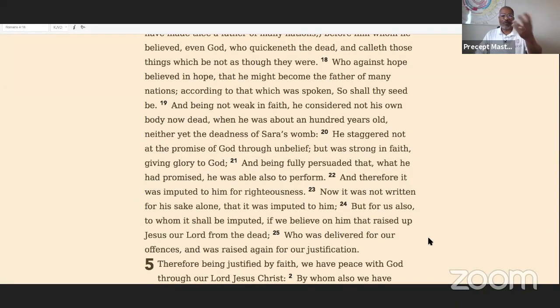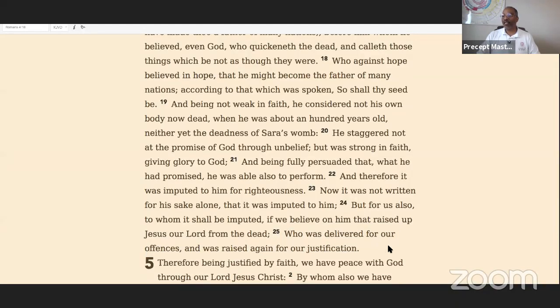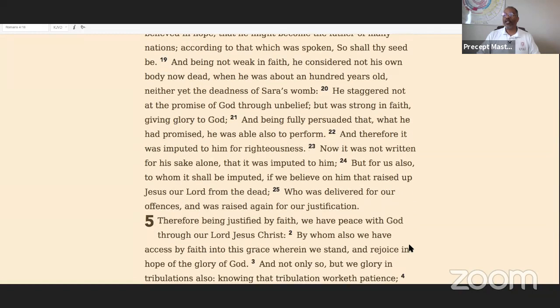So if we believe on him who raised him up, then we have that belief. But if you notice, they believed in a man, and now they made that man a God. Think about that. He was delivered for our offenses and raised again for our justification.